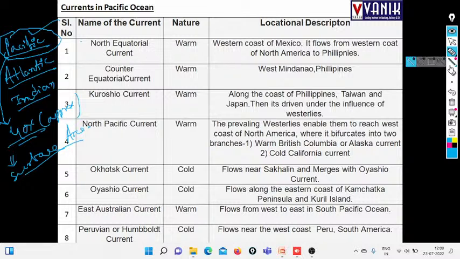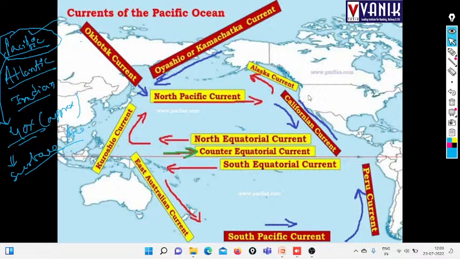First we'll see the North Equatorial Current here in the Pacific Ocean. This is Australia, this landmass, and this is the entire Asiatic land.